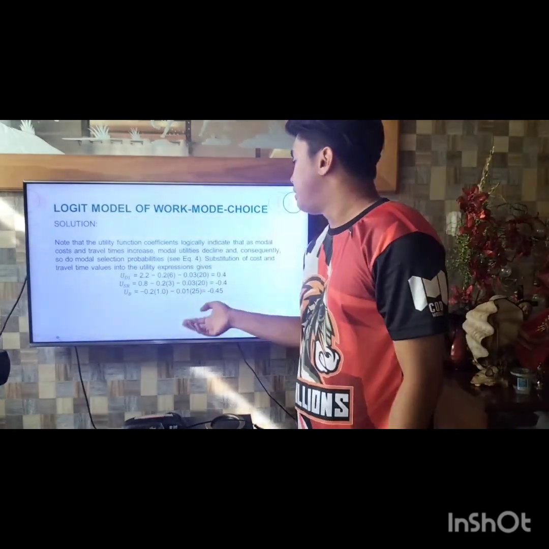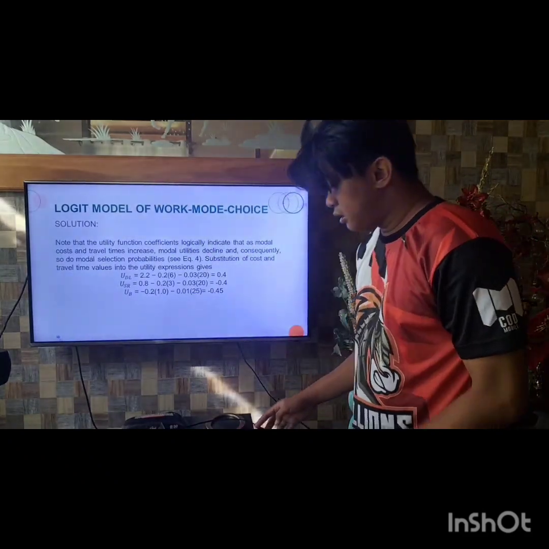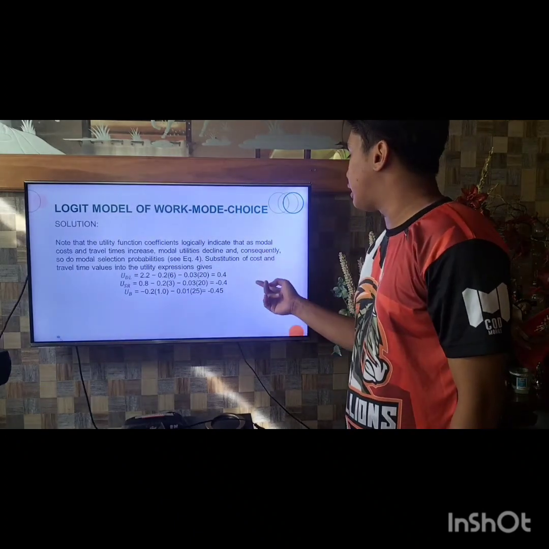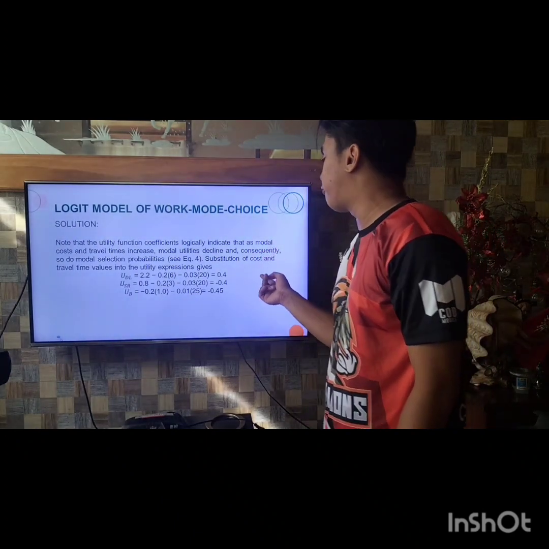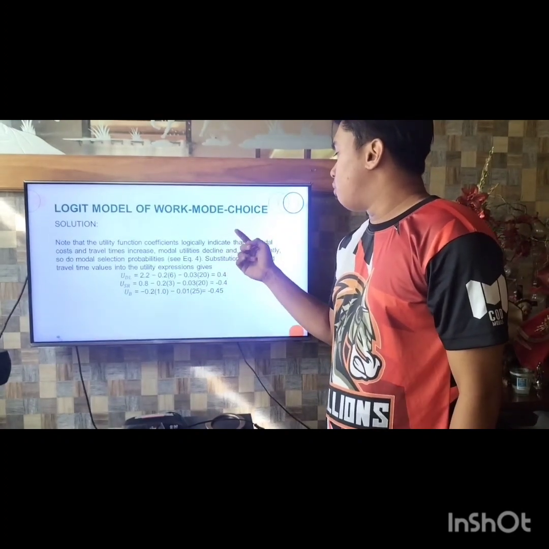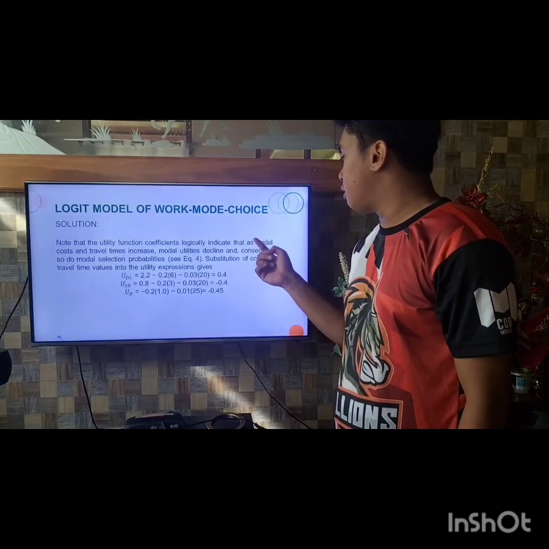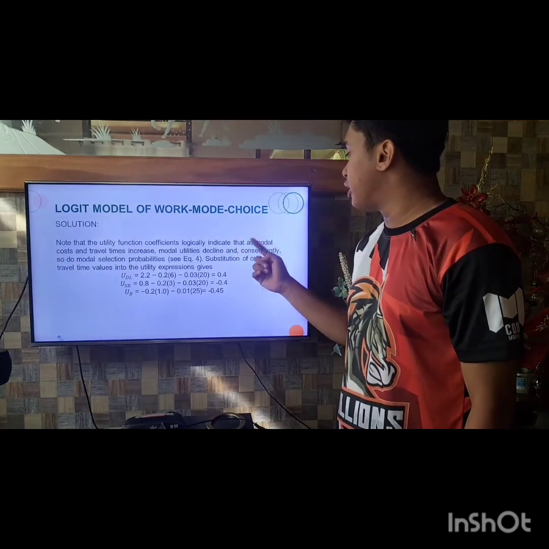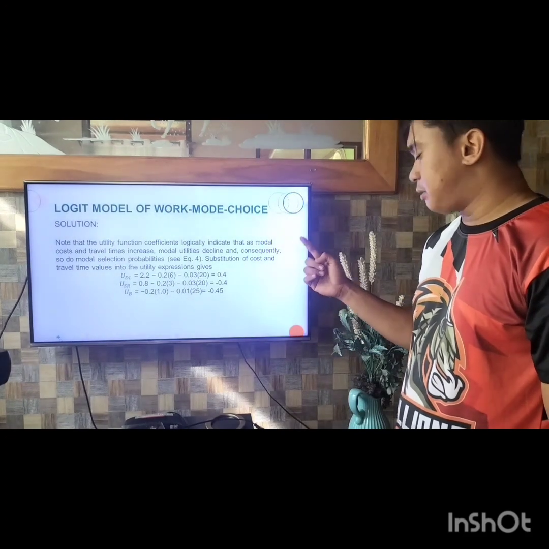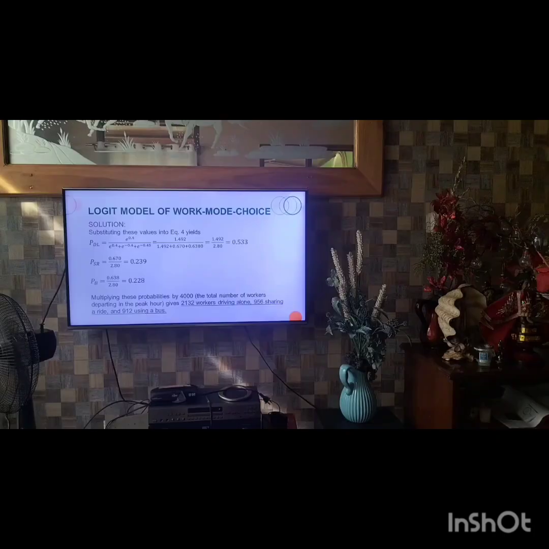For U sub SR, 0.8 minus 0.2 times 3 minus 0.03 times 20 is equal to negative 0.4. Then U sub B is equal to negative 0.2 times 1 minus 0.01 times 25, equal to negative 0.45.